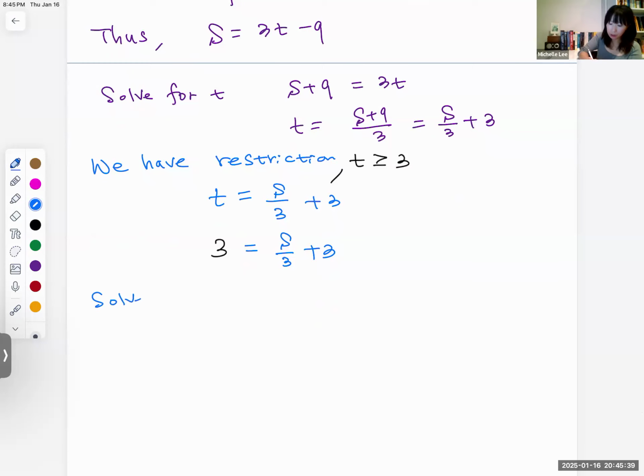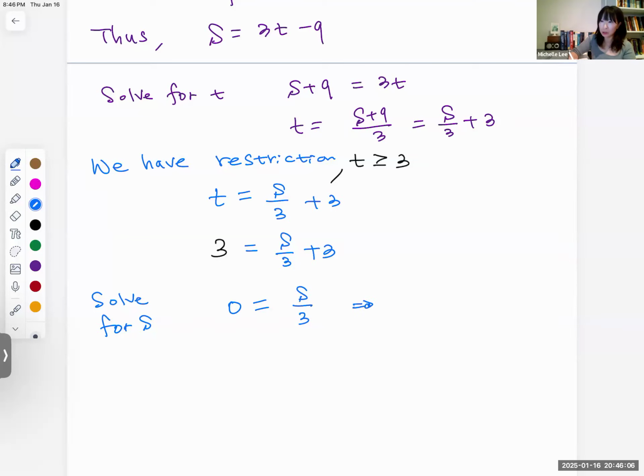Now, solve for s. Why are we doing this? Because we want to know about the restriction on s too. So 3 minus 3, which is 0, equals s over 3.